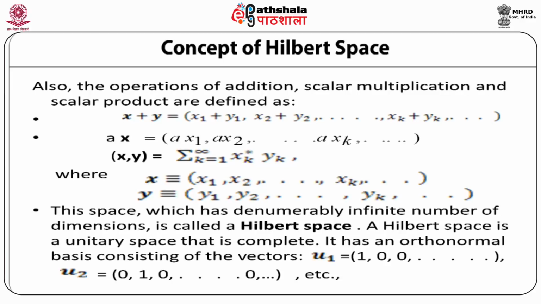If we have two infinite sequences x and y, then the scalar or inner product of x and y is defined as the summation k going from 1 to infinity of xk star yk, where xk star is the complex conjugate of xk, and where x is the infinite sequence defined by x1, comma, x2, comma, and so on till xk, and so on till infinity, and y is defined as y1, comma, y2, comma, and so on, yk, and so on till infinity.